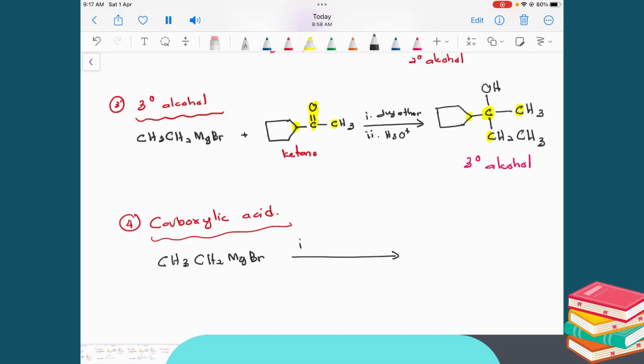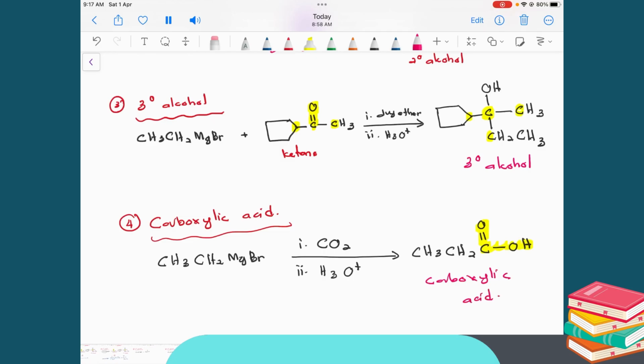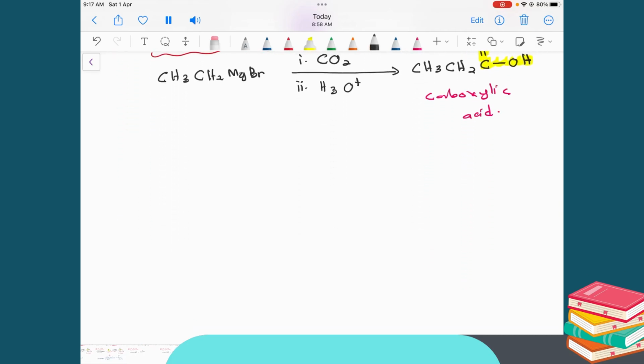It undergoes reaction with carbon dioxide followed by hydrolysis, and the product is the carboxylic acid, and this is the functional group for carboxylic acid. I have already shown you how we can prepare alkane, primary alcohol, secondary alcohol, tertiary alcohol and carboxylic acid from a Grignard reagent. So let's try to solve this problem.